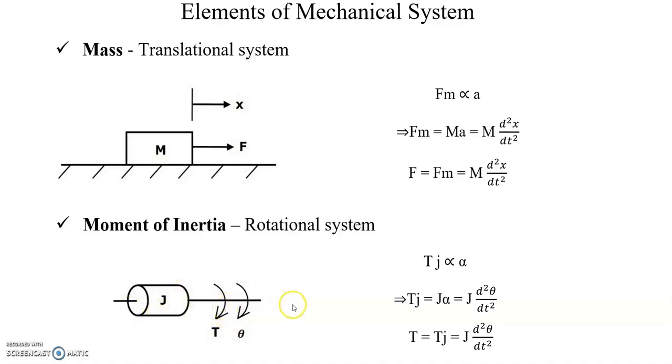This moment of inertia also stores kinetic energy. The opposing torque is directly proportional to the angular acceleration of the body, assuming elasticity and friction are negligible. Here T is the applied torque, Tj is the opposing torque due to moment of inertia, J is the moment of inertia, alpha is the angular acceleration and theta is the angular displacement.